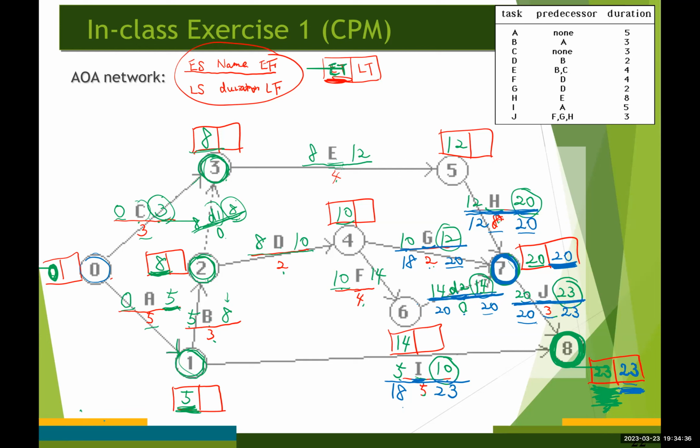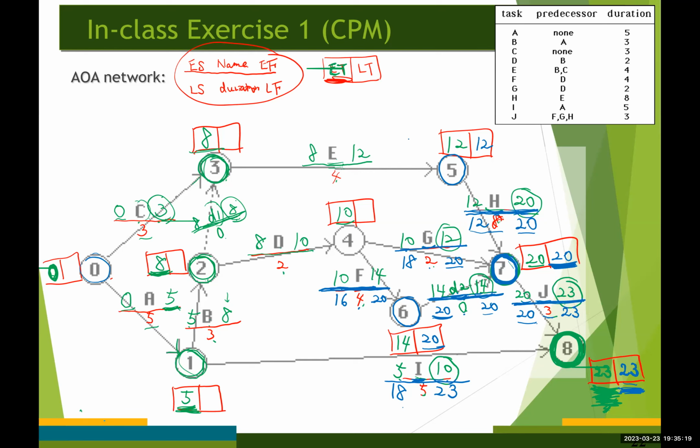And the latest time for event number 6 is gonna be 20, right? So the latest finish time for activity F is gonna be 20 as well. 20 minus 4, 16, right? And up here, the latest time for event number 5 is gonna be 12.